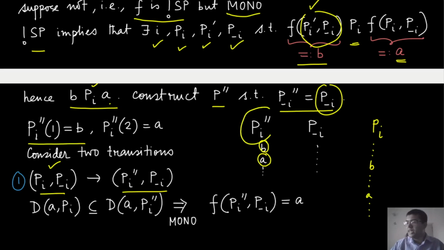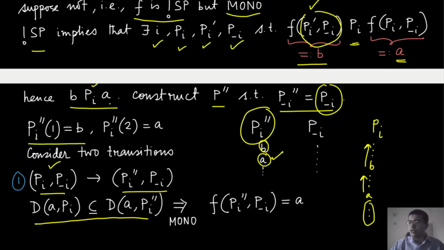What happened in pi double prime is we have pulled b to the top and a to the second top, right? So whatever was below a will continue to be below a, because that's the best thing that a can have, and therefore this condition holds that the dominated set of this alternative a under pi is a subset of the dominated set of a in the preference pi double prime.